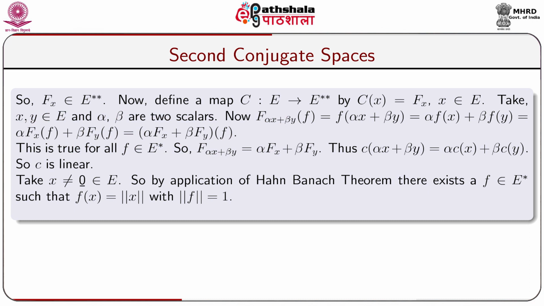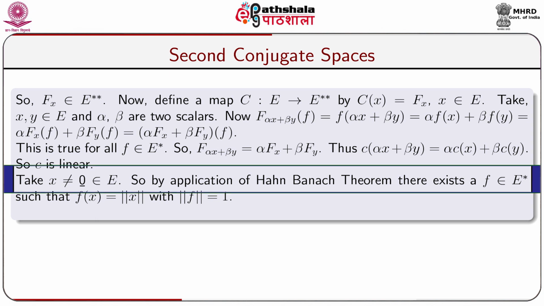This is true for all f belonging to E star. So, F_{alpha x plus beta y} equals alpha F_x plus beta F_y. Thus, C(alpha x plus beta y) equals alpha C(x) plus beta C(y). So, C is additive. Similarly, C(lambda x) equals lambda C(x). Therefore, C is linear.